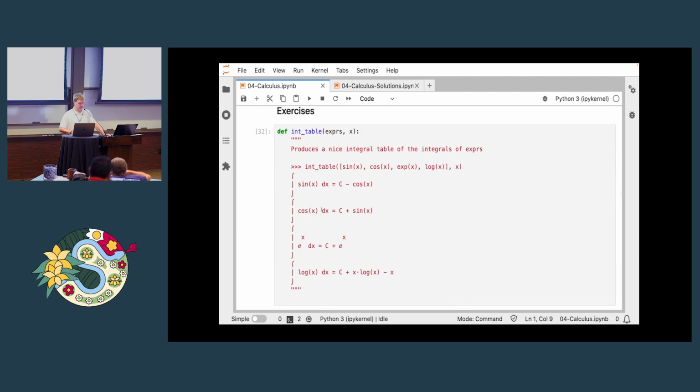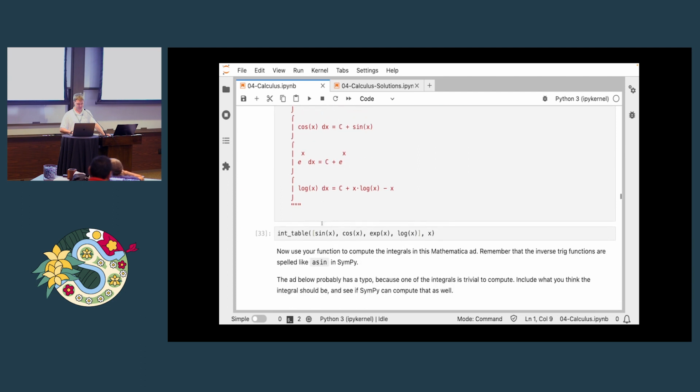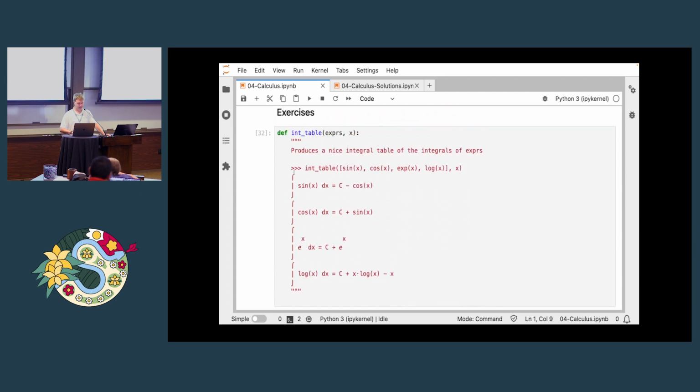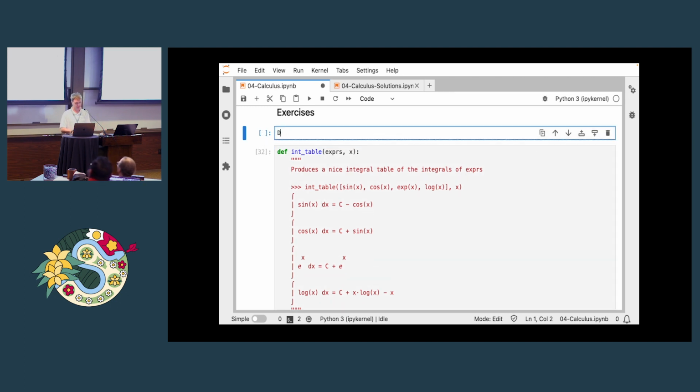And so now your exercise is to write a function that produces a nice integral table. You can use the pprint function to display the answer, or you can also use this display function.